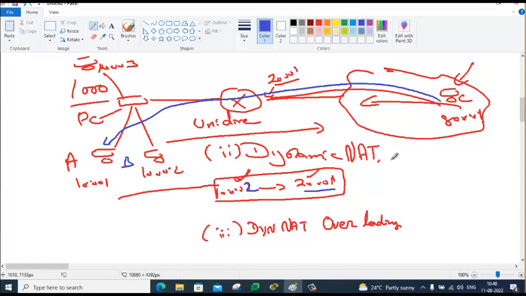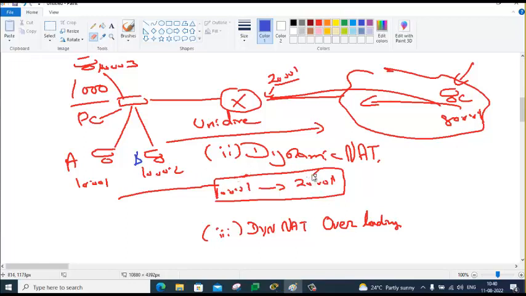Now, the reply will go to B. See, the same address, 20.0.0.1, is given to both A and B. That is why we don't know what address to use to talk to B alone. You understand? There is no dedicated address for B or A. When A wants to go online, 20.0.0.1 is given.